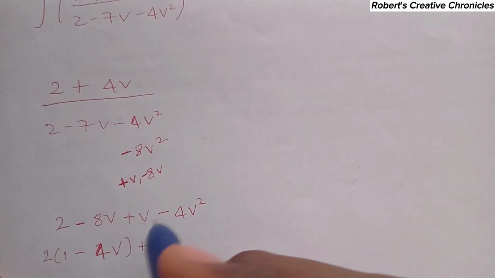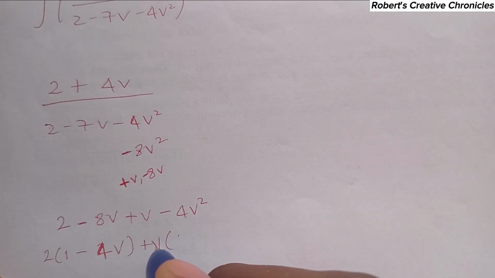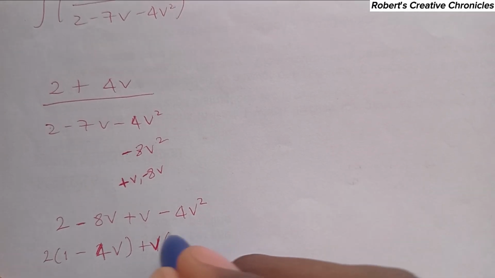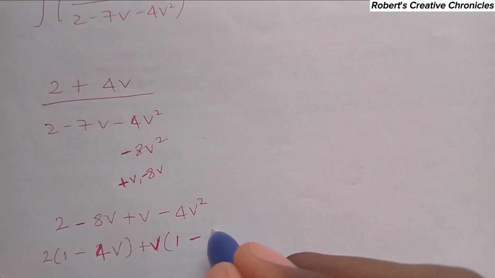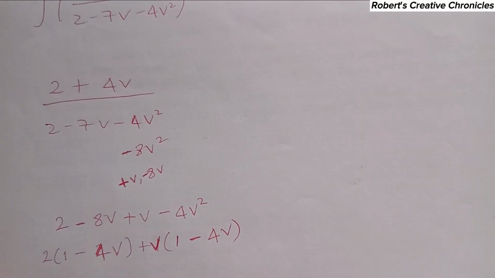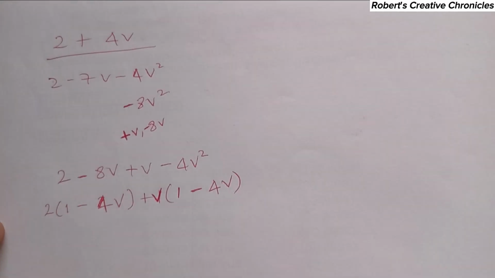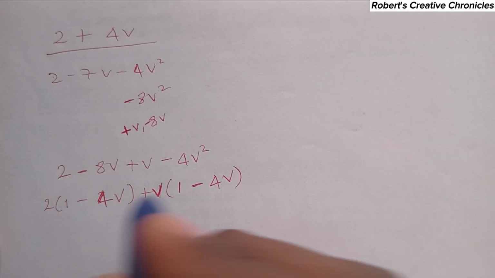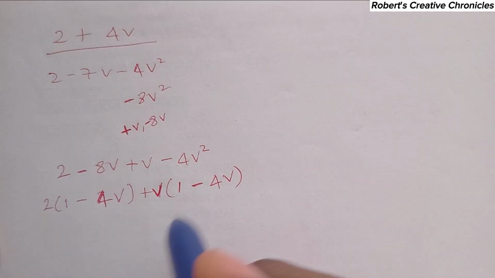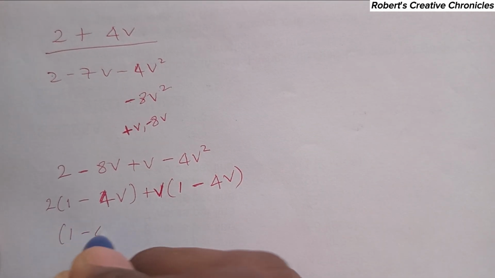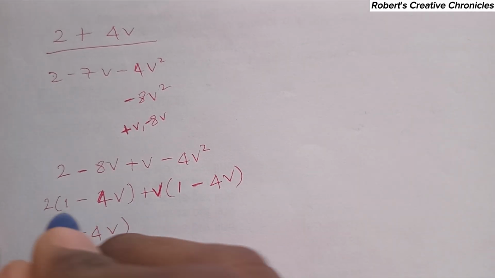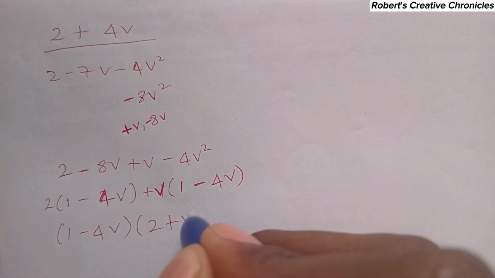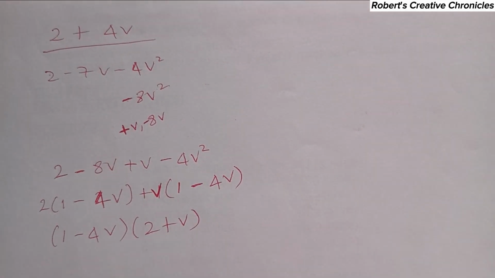Okay, here we can factorize v here, so plus v(1 minus 4v). Then we'll factorize 1 minus 4v from here. We'll get (1 minus 4v)(2 plus v). So this is the downward expression.